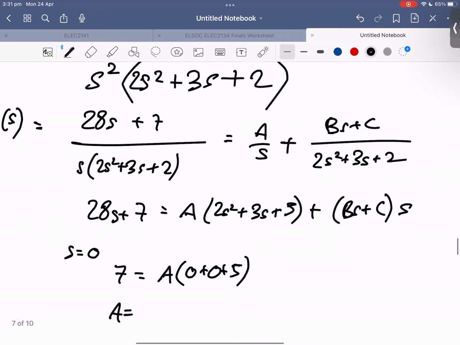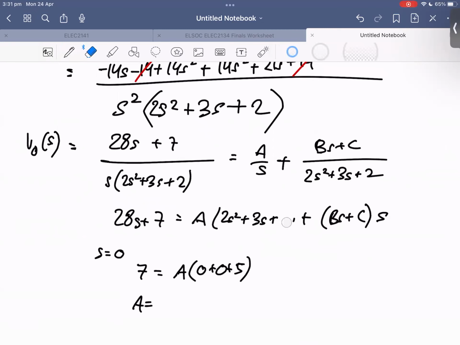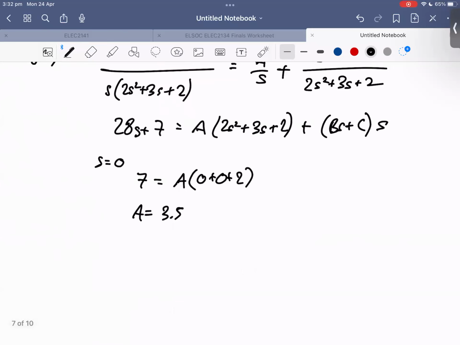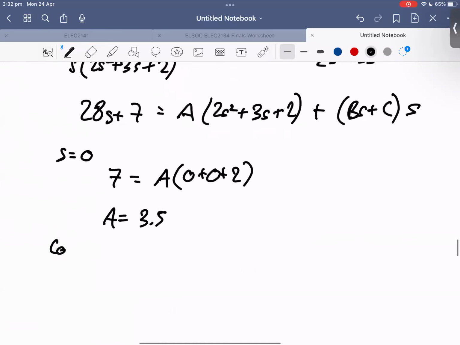Sorry, is that 5? No, sorry, that's 2. So A is 3.5, in other words. And then to get B and C, I can just compare the coefficients.